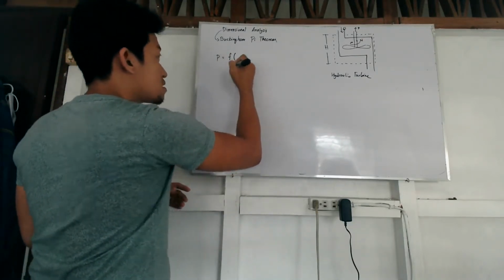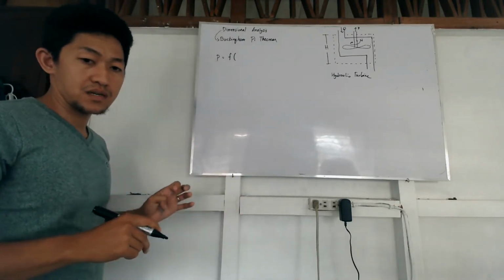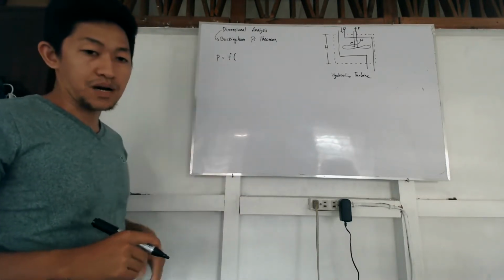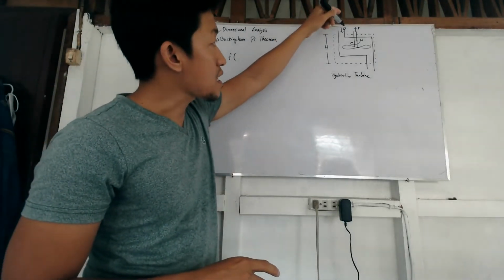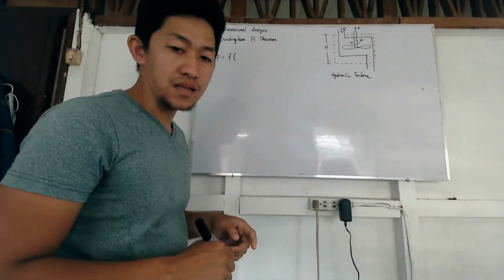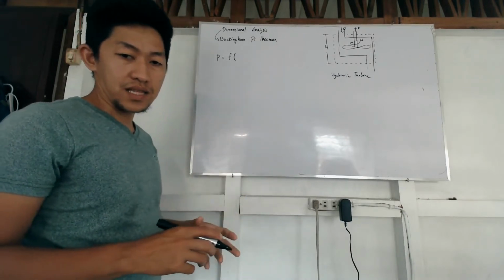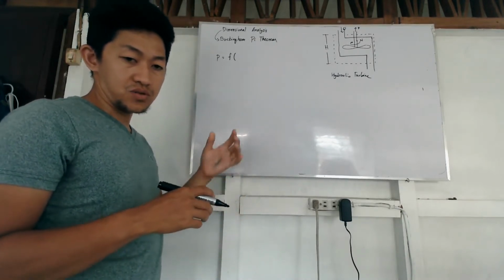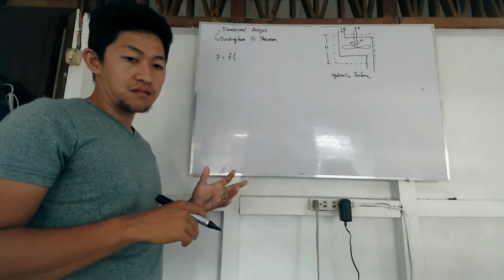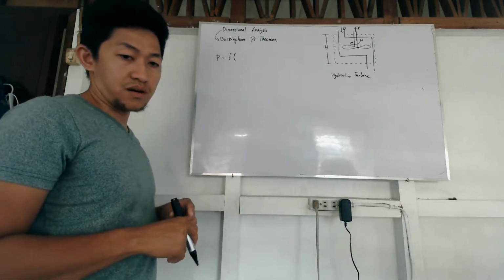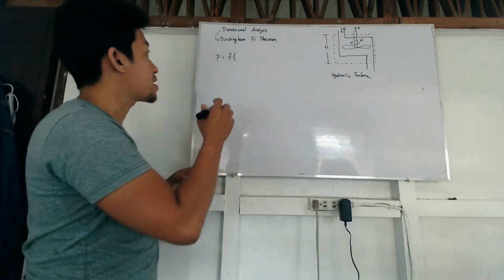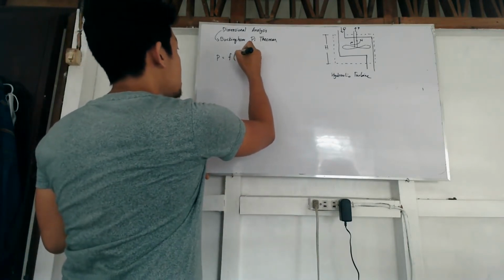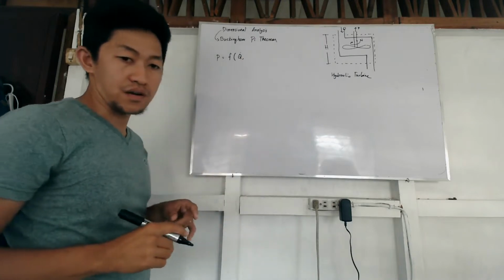Based on the diagram, you can say that power is a function of Q, or flow rate. The more flow rate enters your turbine, probably the more power you get, and the less flow rate, probably the less power. So power is a function of flow rate.